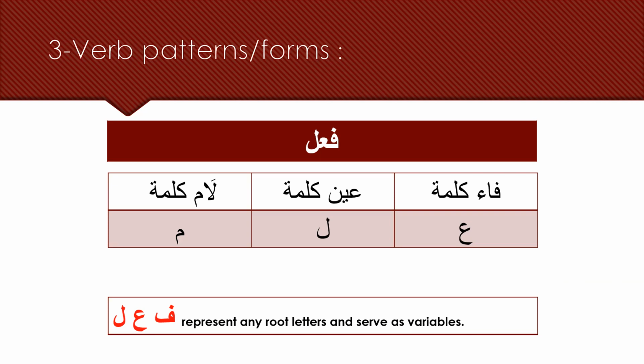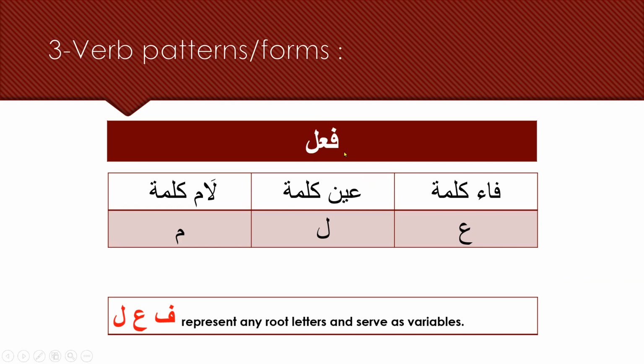We learned that the default variables or the root letters are the fa, ain, and lam kalima, and that also are derived from this. You can see that the verb means in Arabic fi'l.